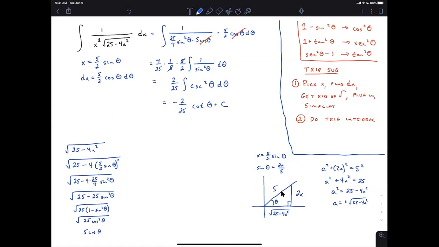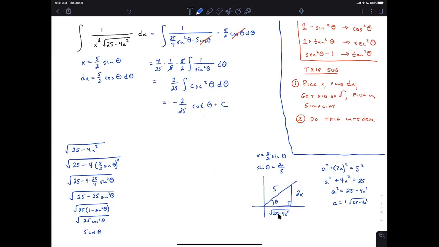Okay, so we draw the triangle in the first quadrant. Now we're going to look at this. Okay, so that's a good question, Colin. The reason we're going to do this is now we're trying to figure out how to go back to x. So we don't have to figure out what theta is, but what we do have to be able to figure out in this problem is what cotangent of theta is.